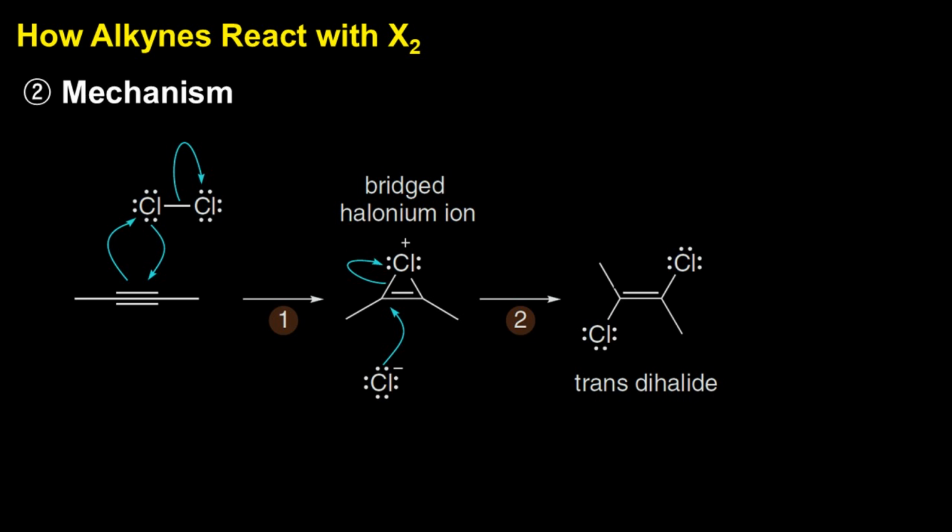Then comes the next move. The chloride ion, Cl-, swings in from the backside and attacks one of the carbons in the ring. That attack opens up the ring and gives you a trans-dihaloalkene, with the two halogens landing on opposite sides of the double bond. And that kind of anti-addition, it's a classic feature of halogenation.